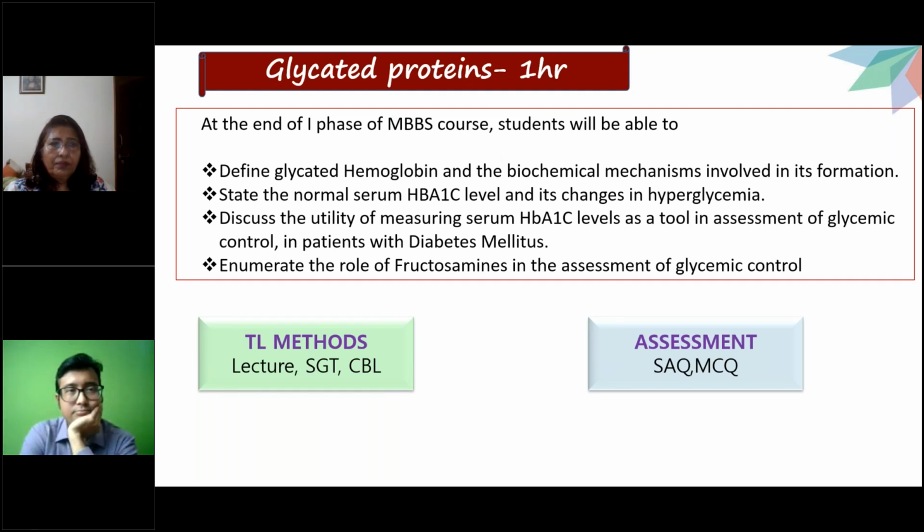Next will be a session on glycated proteins, which will be for 1 hour. The SLOs will be, the students will be able to define glycated hemoglobin and the biochemical mechanisms involved in its formation, state the normal serum HbA1c levels and its changes in hyperglycemia, discuss the utility of measuring serum HbA1c levels as a tool in assessment of glycemic control in patients with diabetes mellitus, and enumerate the role of fructosamines in the assessment of glycemic control.